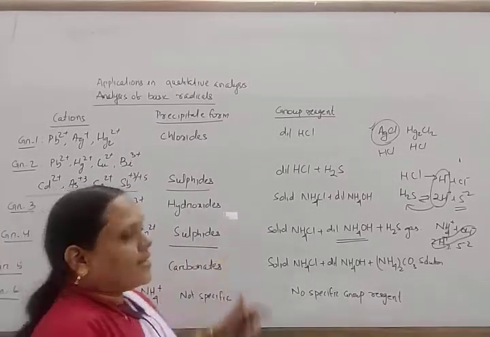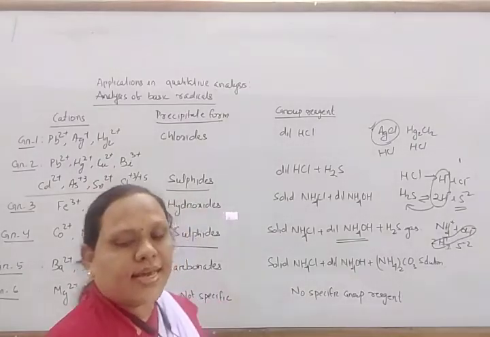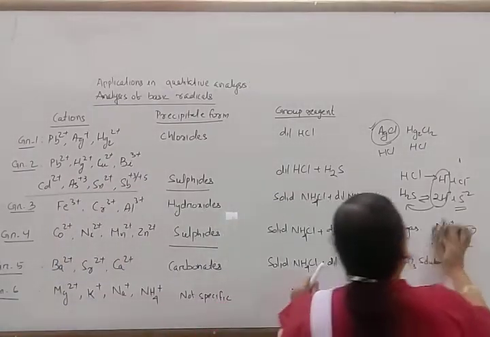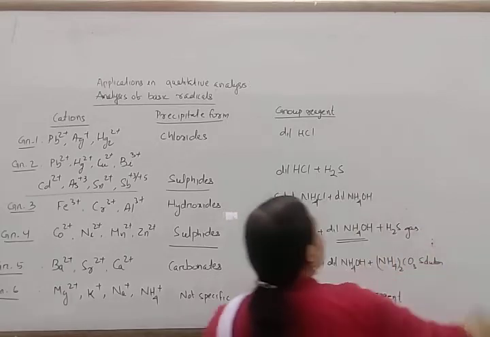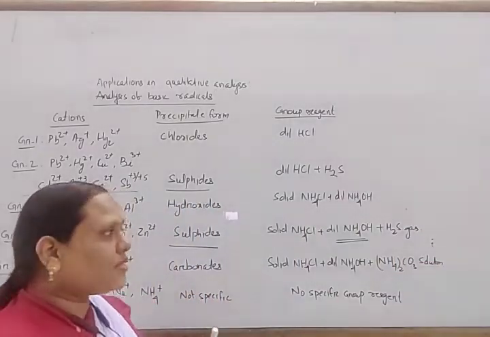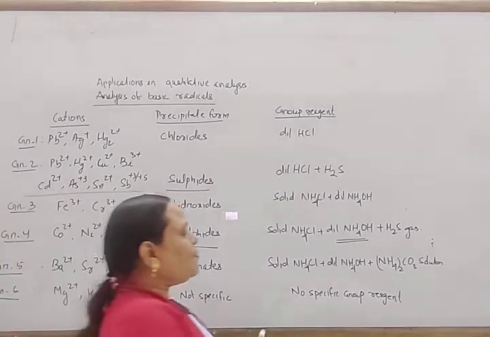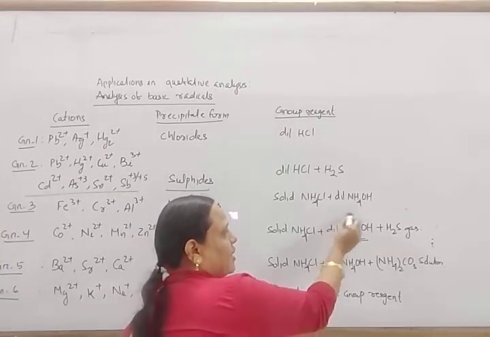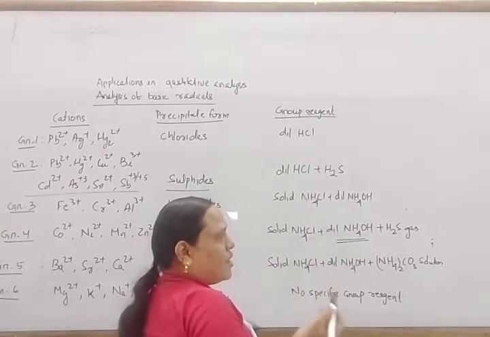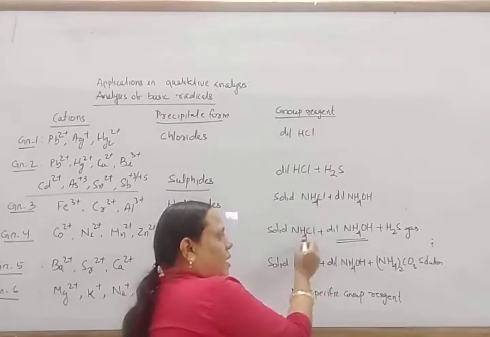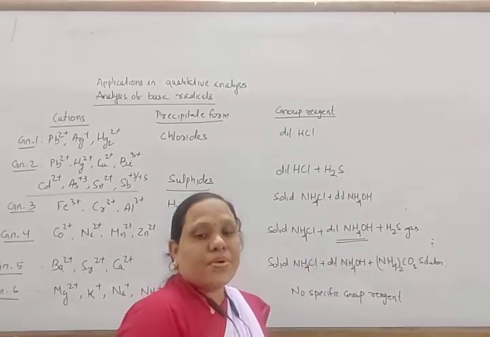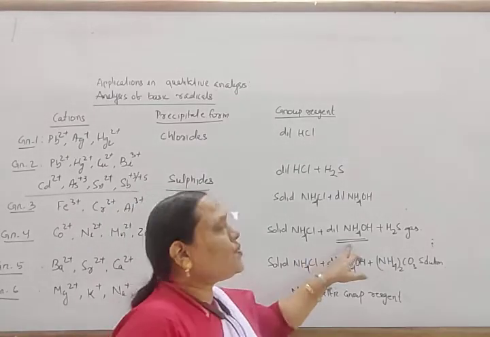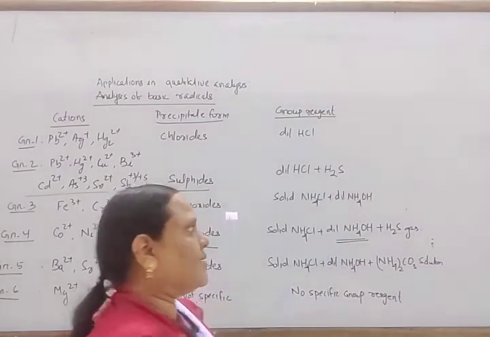And group 3 radicals precipitate as hydroxides. They also require a low concentration of hydroxide ion. So before adding ammonium hydroxide, some amount of ammonium chloride should be added, so that the dissociation of ammonium hydroxide decreases.